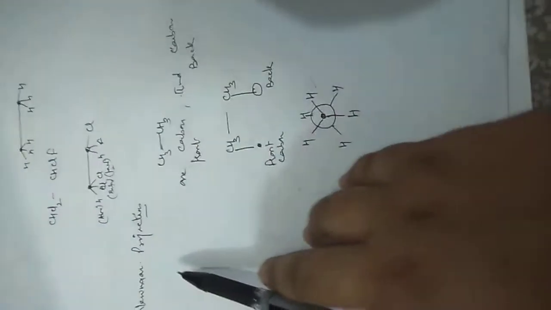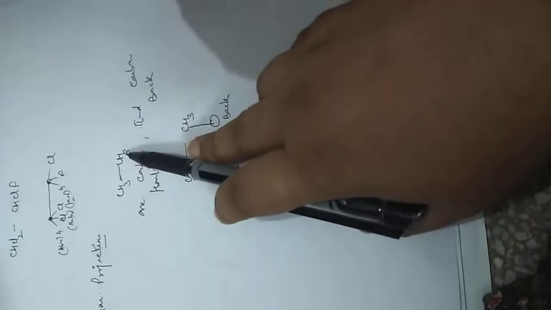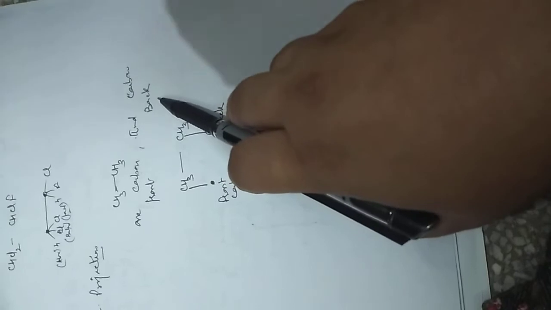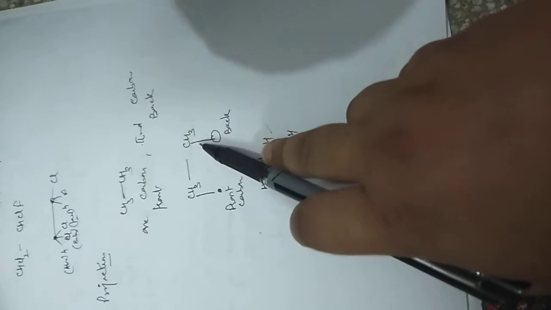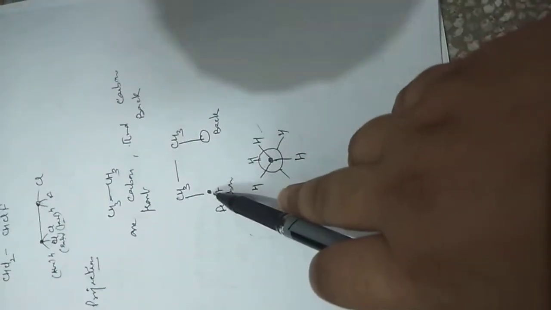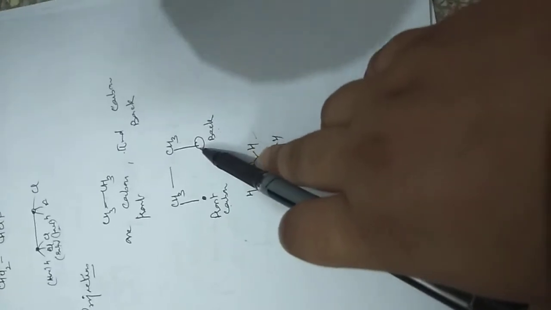Another is the Newman projection. In the Newman projection, we can take the example of CH3, with one carbon at the front and the second carbon at the back. This carbon is the front carbon, denoted by the dot, and the second carbon is the back carbon, denoted by the circle.